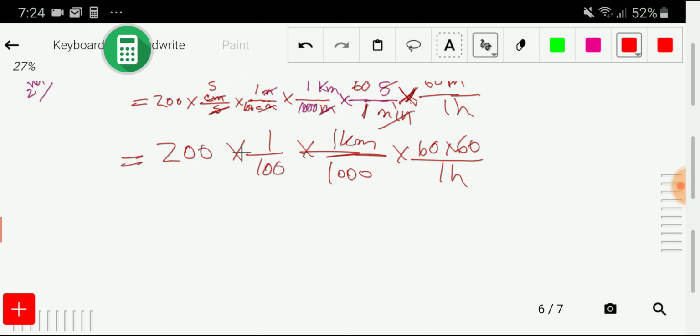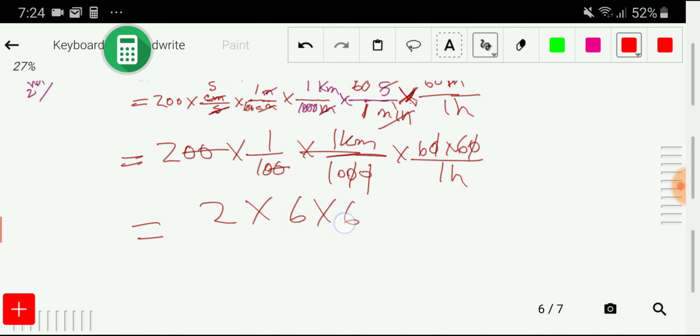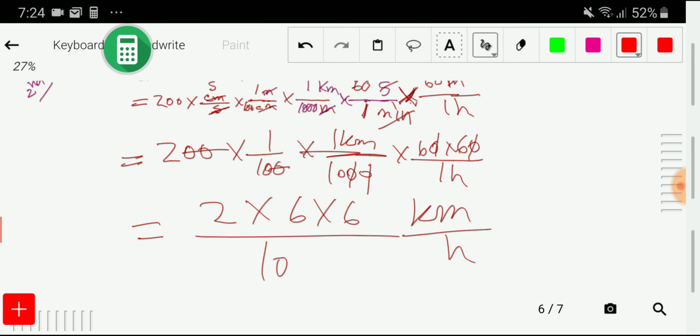So this 2 0 will cancel each other, and this 0 and this 0 will cancel each other, and we are getting here 2 times 6 divided by just 10, and we are getting here kilometer per hour.